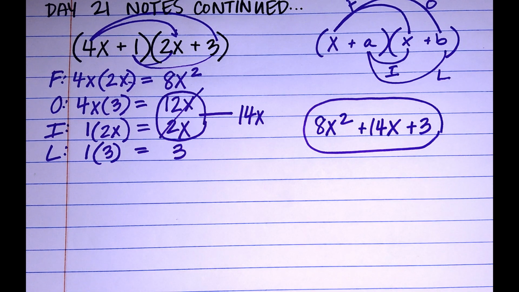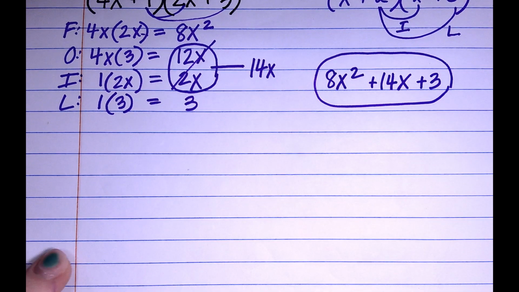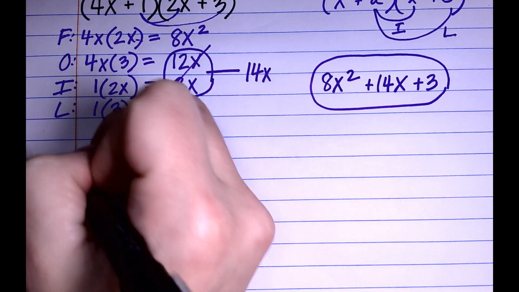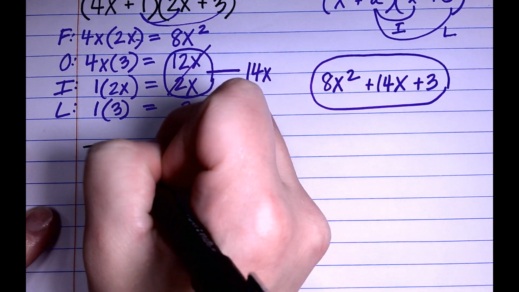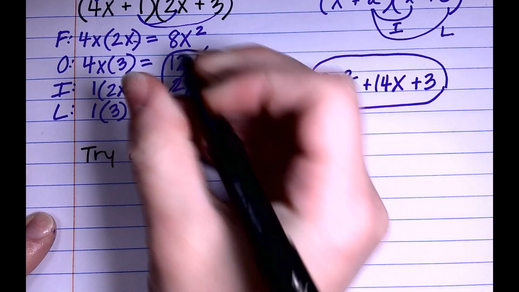Can you try one by yourself? I'm going to give you one to try on your own. Don't worry about getting to that worksheet yet. I want to just see how we're doing with this. So try this on your own. And then we're going to stick some negatives in there.